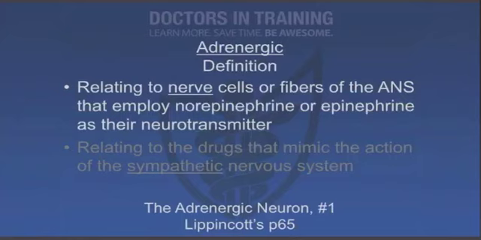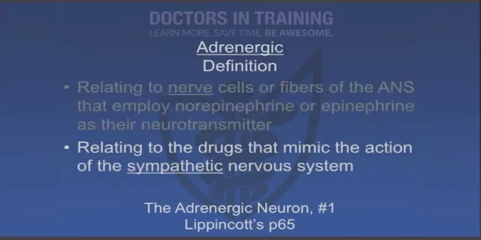Let's start with something basic that I'm sure you guys already completely understand. Let's go back to the word adrenergic. If you look it up in Stedman's dictionary, it says relating to nerve cells or fibers of the autonomic nervous system that employ norepinephrine or epinephrine as their neurotransmitter.